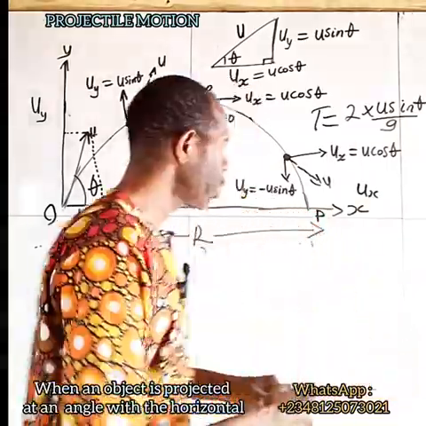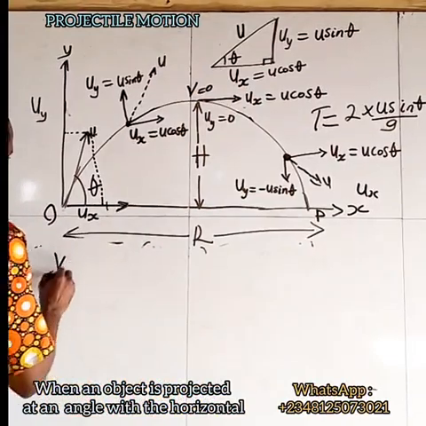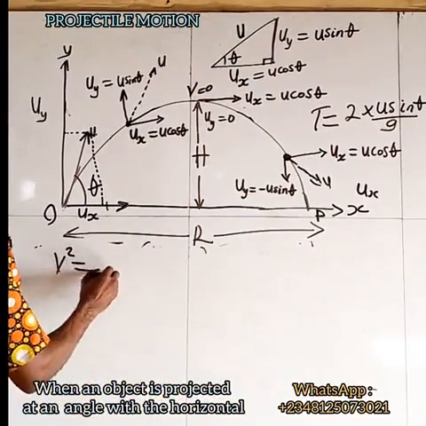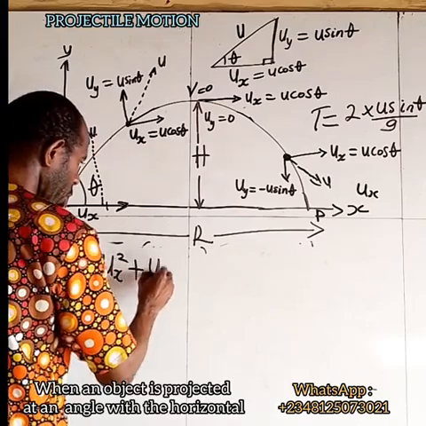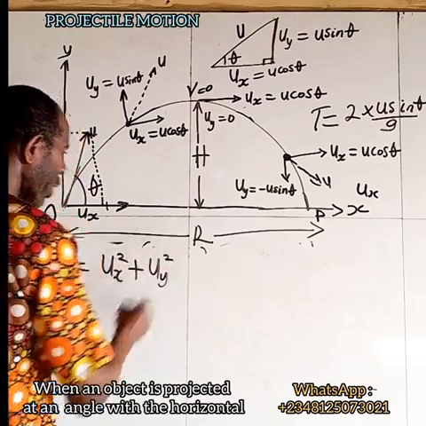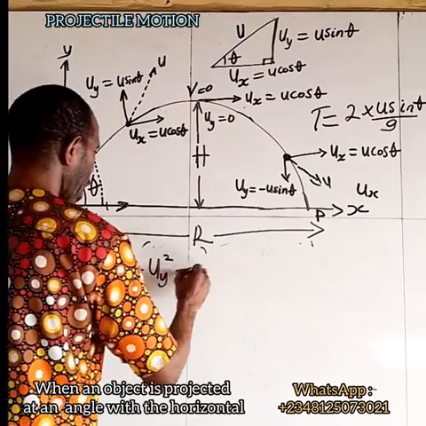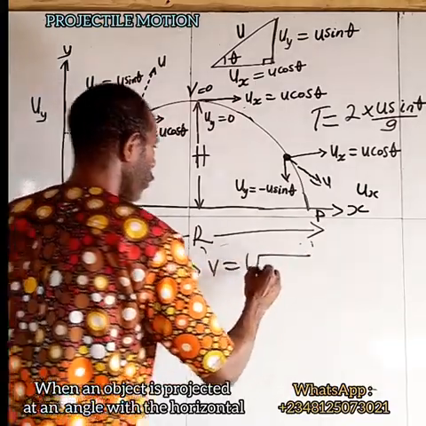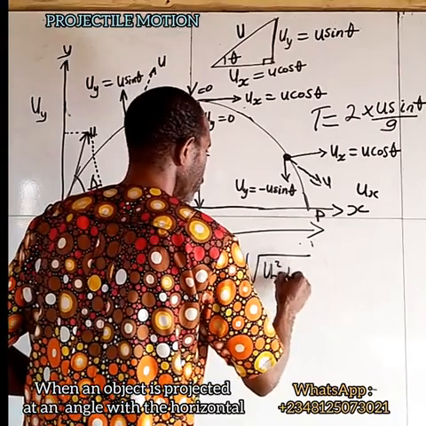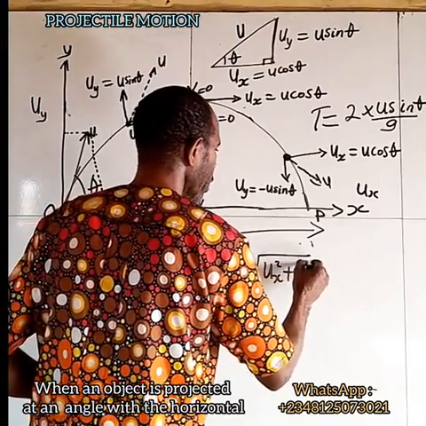The velocity will give us v squared equal to ux squared plus uy squared. This will imply that v is equal to the root of ux squared plus uy squared.